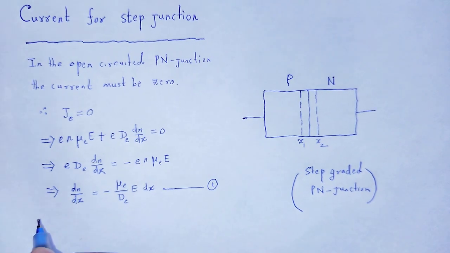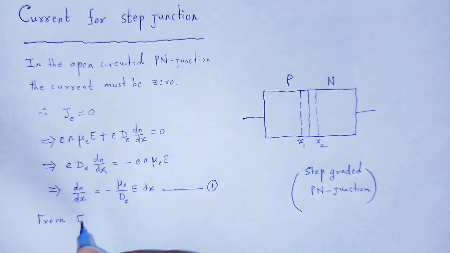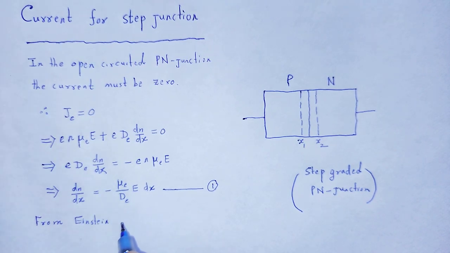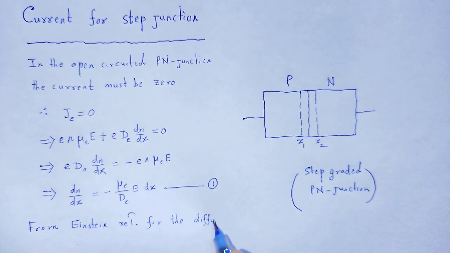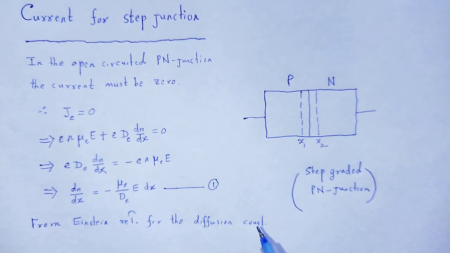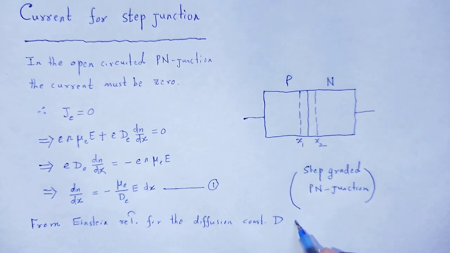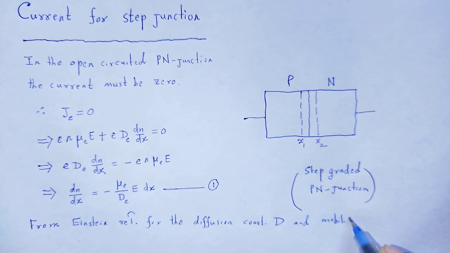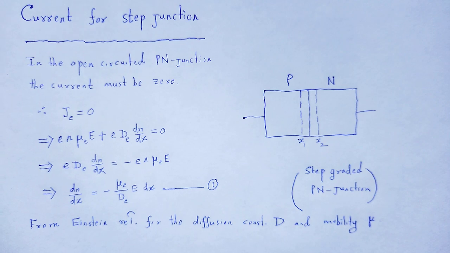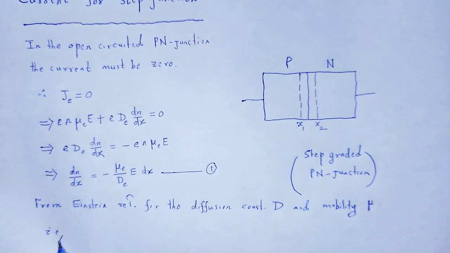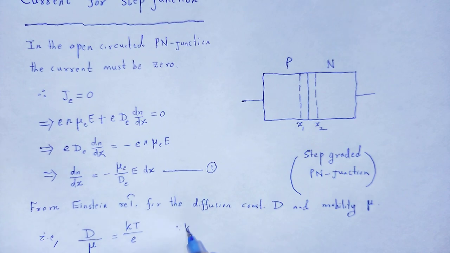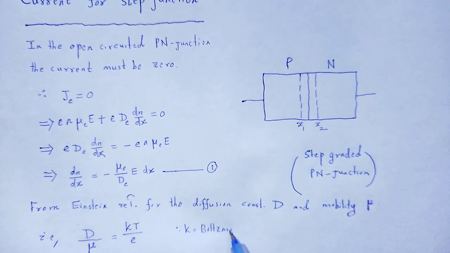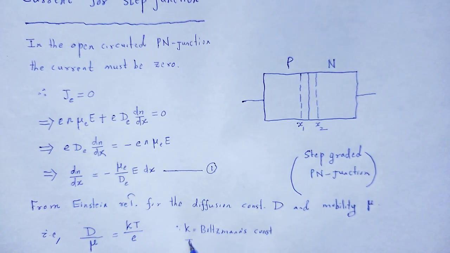The Einstein relation for the diffusion constant D and mobility mu, that is, diffusion constant to mobility is equal to kT by e, where k is Boltzmann's constant and T is absolute temperature.